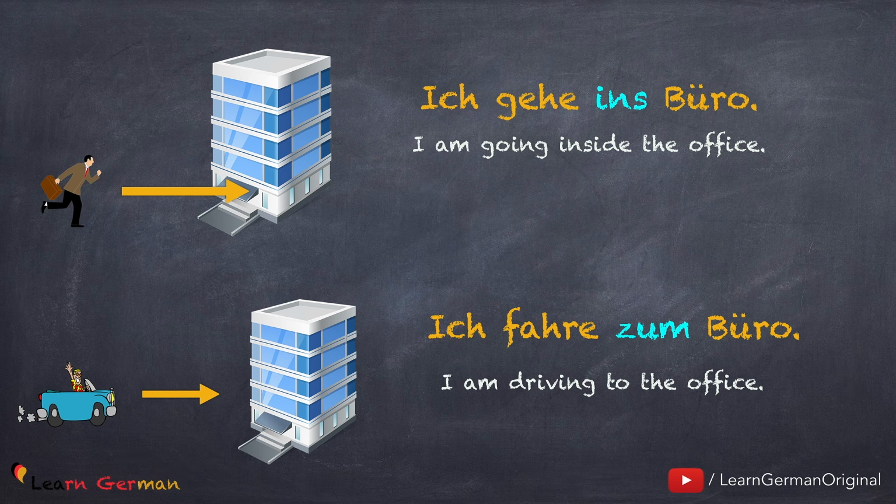When you're talking about going inside a room or a building, you cannot use the verb fahren because you cannot drive into a building or a room. Hence, zu is the appropriate preposition. And if you are still confused when to use zu or when to use in, you can always go with the preposition zu. That's the safest. Just don't forget the correct use of the article.